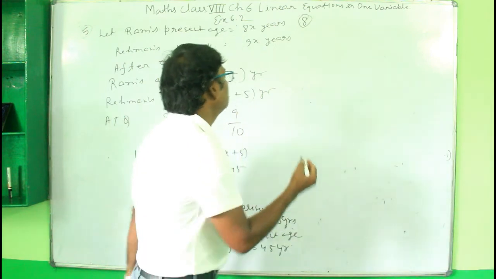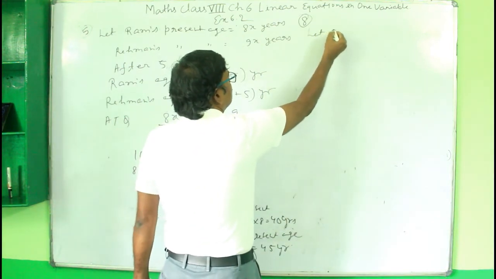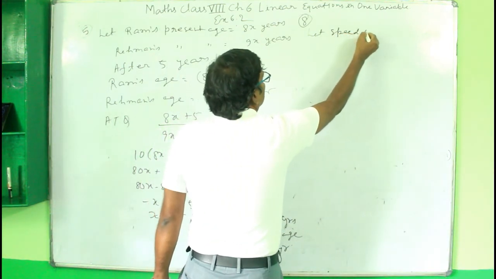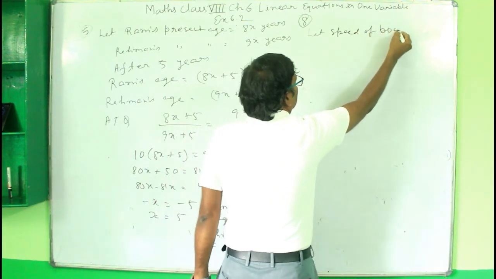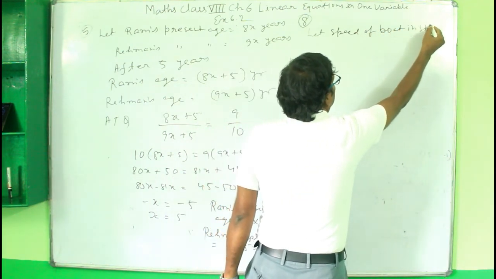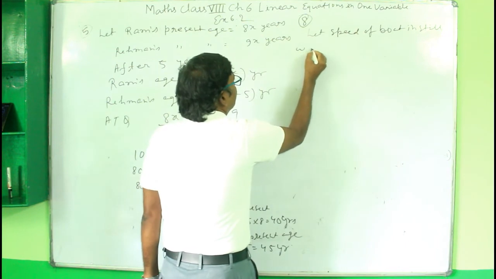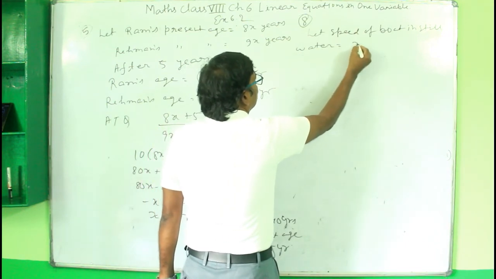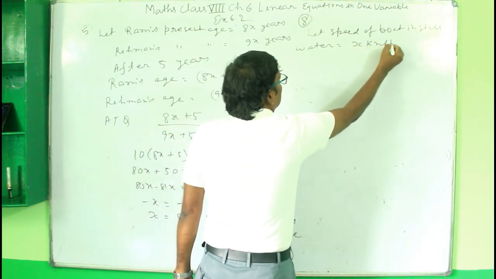So here, first suppose let the speed of the boat in still water equal x km/h.